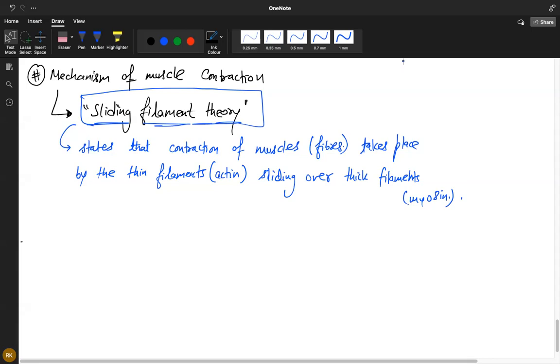Write down the next point. This motor neuron forms a neuromuscular junction with the sarcolemma, the sarcolemma which you just studied above, and releases neurotransmitters.